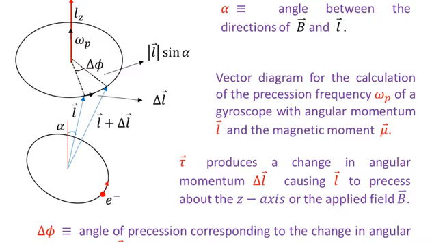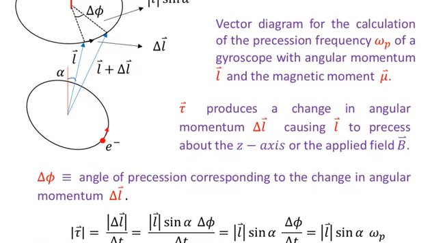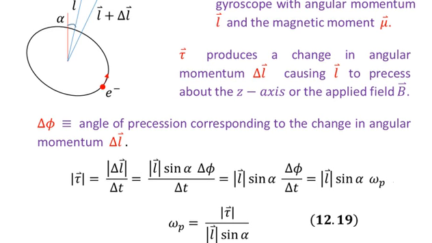So as vector L precesses, as shown by the upper loop, the magnetic moment mu will precess also about the negative B direction in a loop below the loop of the current loop, which I have not shown.